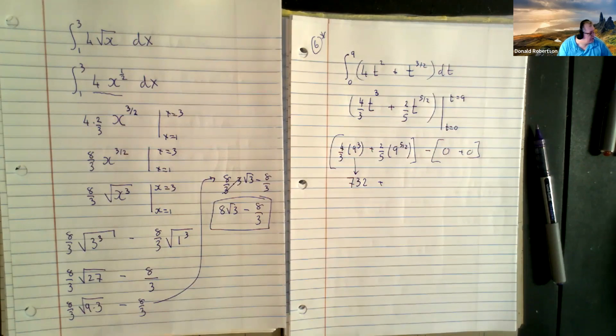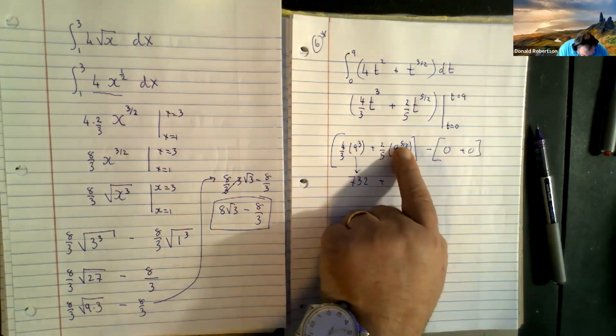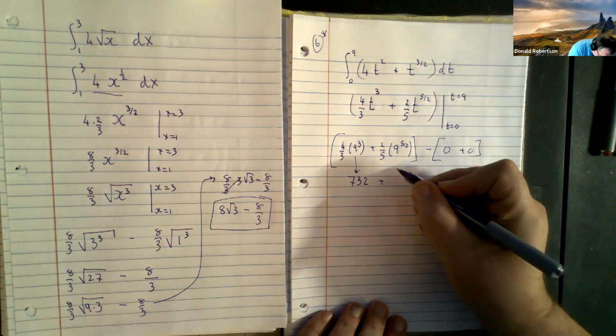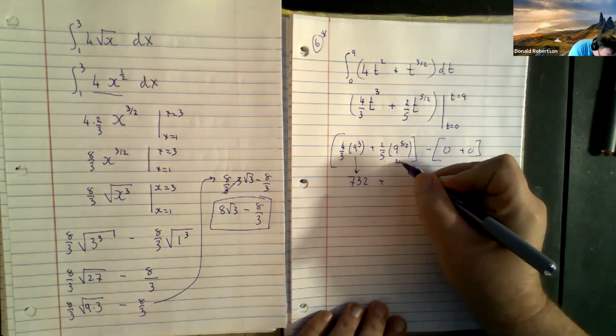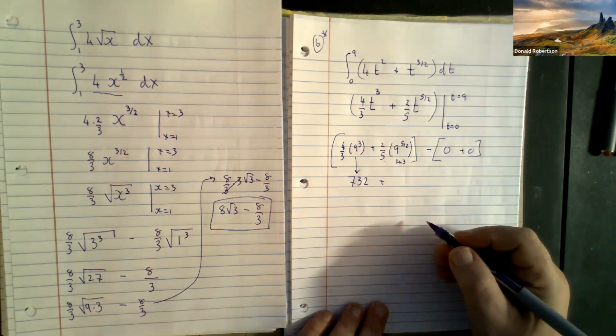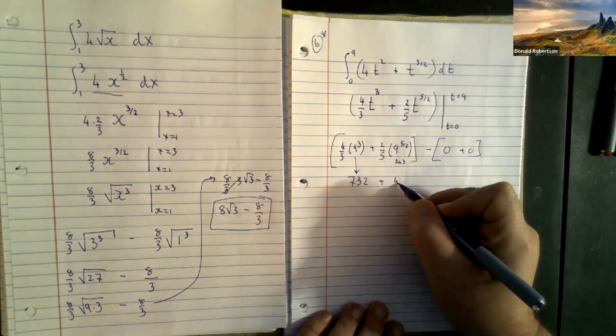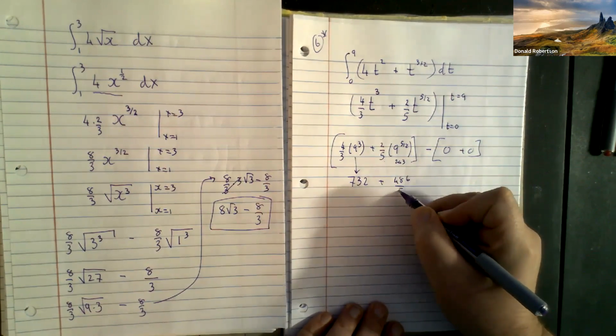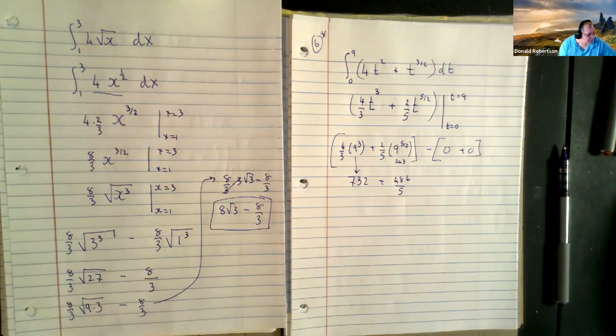The answer I get is 243. So this guy is 2/5 times 243, which is not going to do much good because it's 486 fifths. And that's an ugly answer.